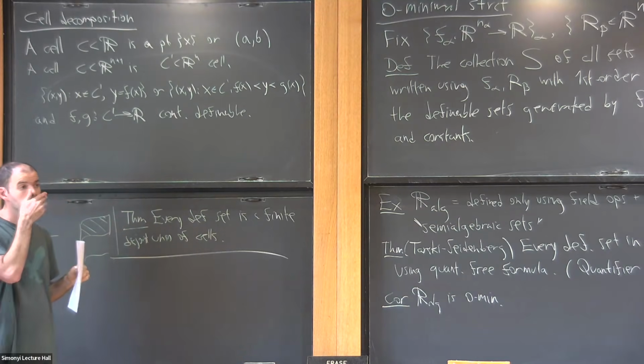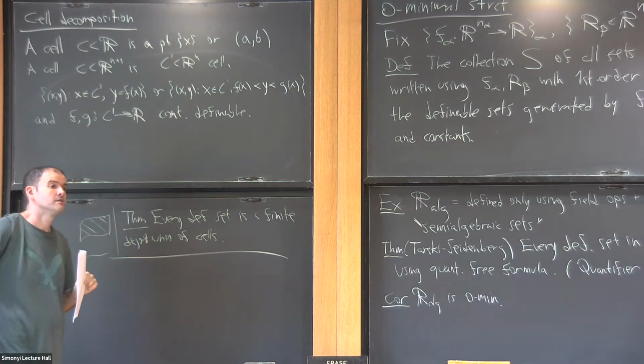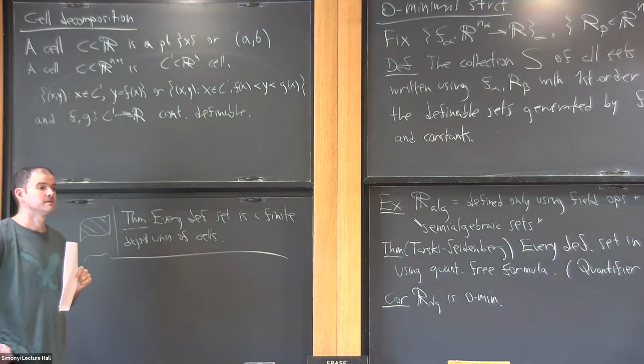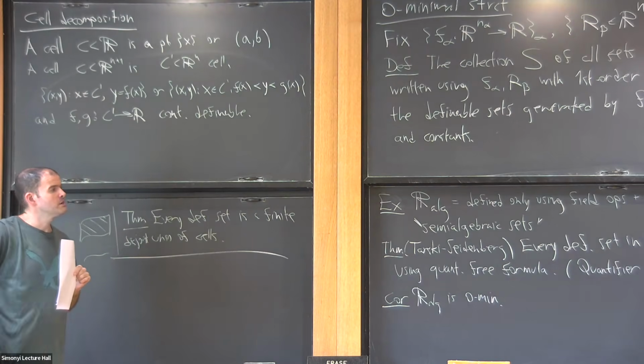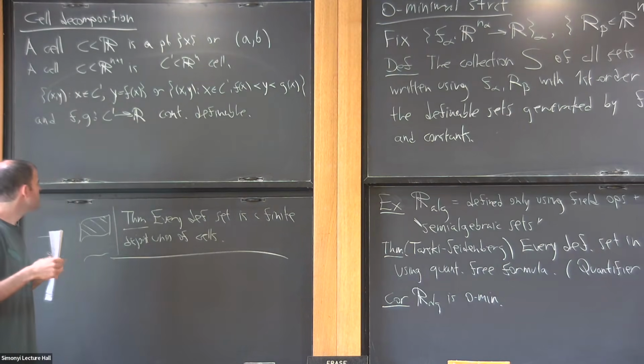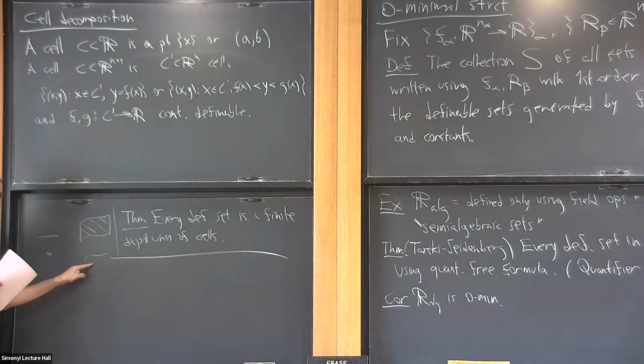So if you gave an analogous definition for closed cells, starting with a closed interval rather than an open interval, could you say that every definable set is a disjoint union of interiors of closed cells? I would have to think what it means exactly. If I take a graph, what does interior mean exactly? Because the dimension is not always full for the sets, right?